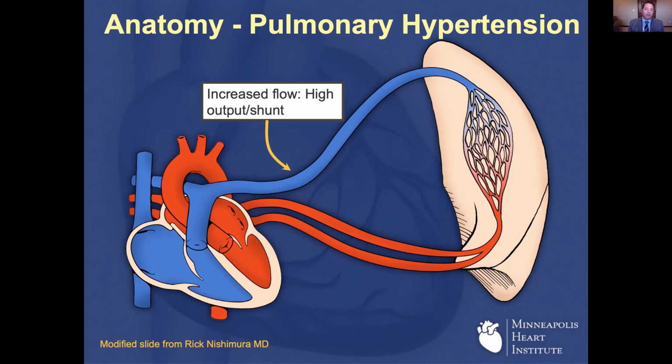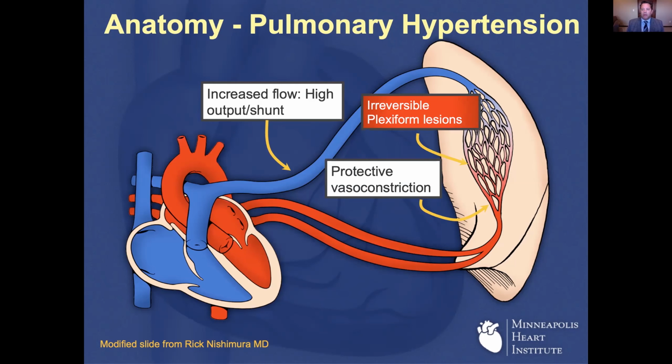We can see it in different disease states, such as hereditary hemorrhagic telangiectasias, or HHT, where arteriovenous malformations may form, increasing high output states. We can see it with protective vasoconstriction that can happen with hypoxic states. We can see it with irreversible plexiform lesions that happen in different disease states, such as pulmonary arterial hypertension.